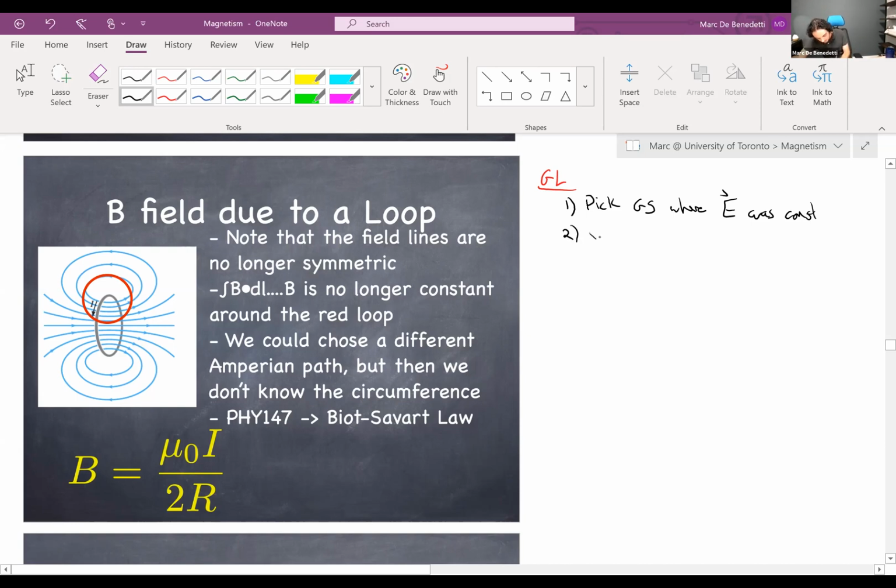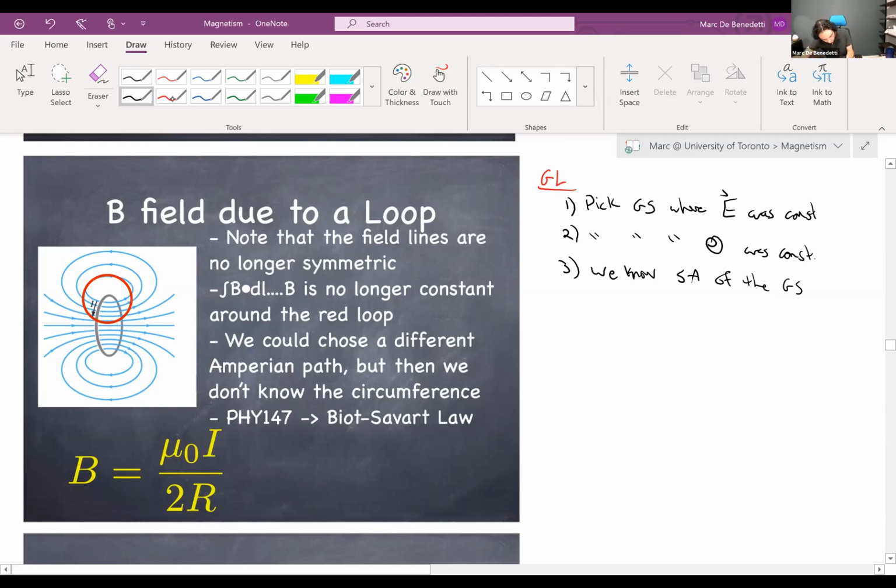We needed to pick a Gaussian surface where theta was constant at each location on the surface. And the third assumption was that we know the surface area of the Gaussian surface, meaning it was a shape whose formula for surface area we knew.